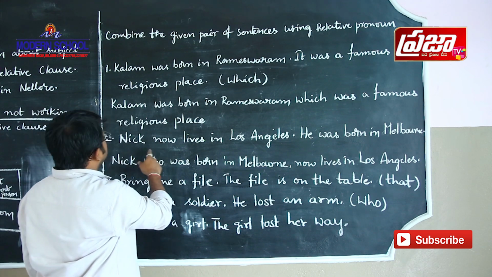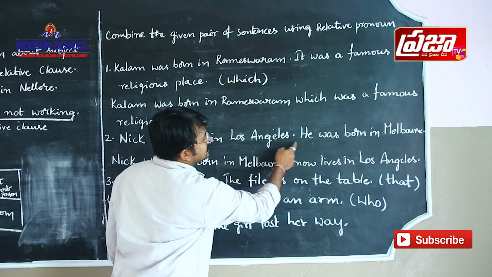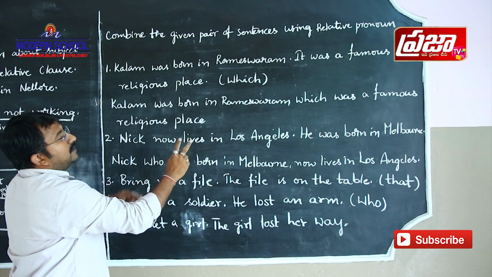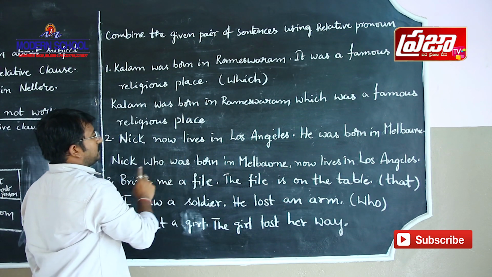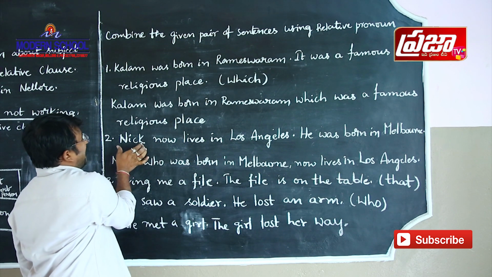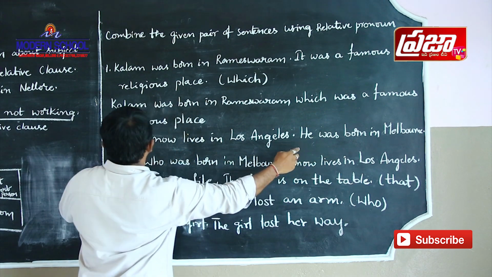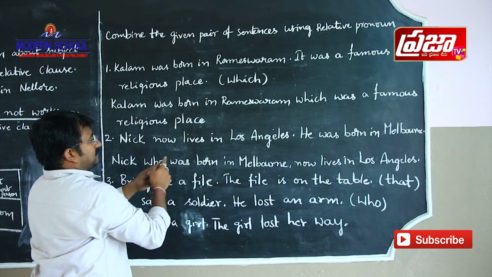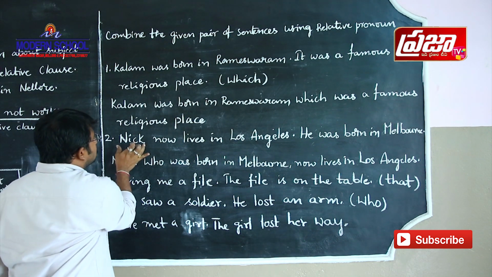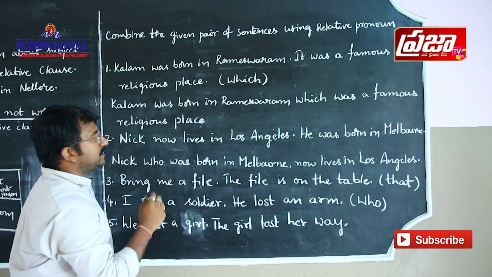Now, let us see the second one. Nick now lives in Los Angeles. He was born in Melbourne. So here there are two sentences. In these two sentences, Nick is a noun and he is the pronoun which refers to the same person. So here, after this noun, we have to use the relative pronoun. Which relative pronoun?